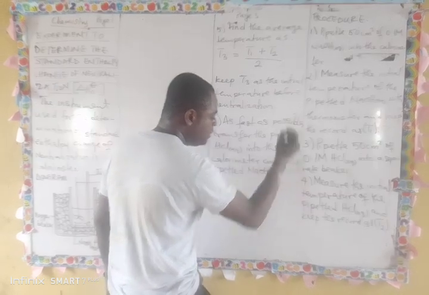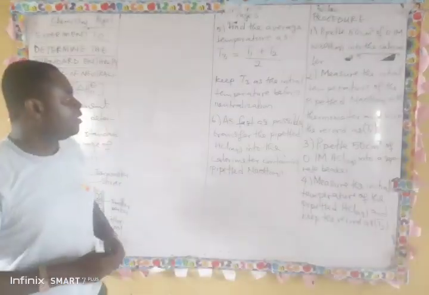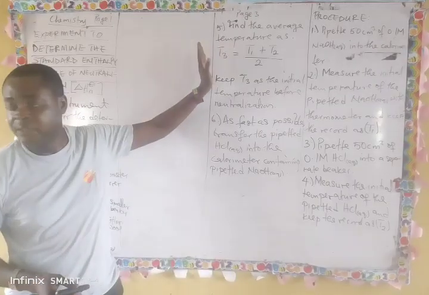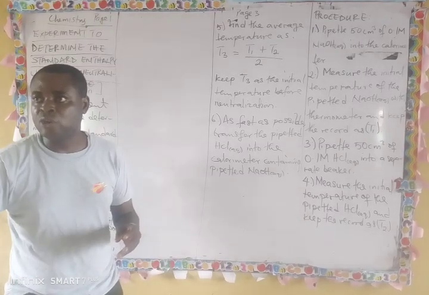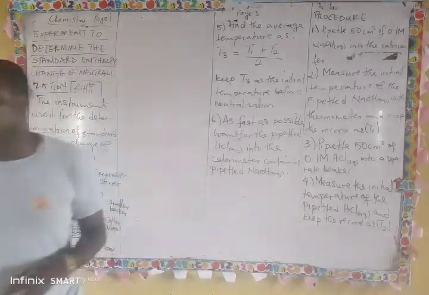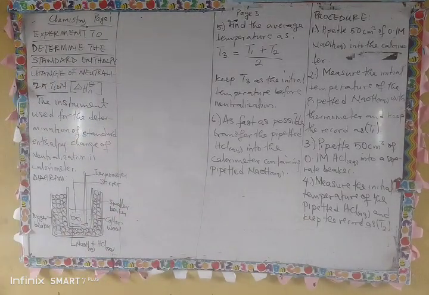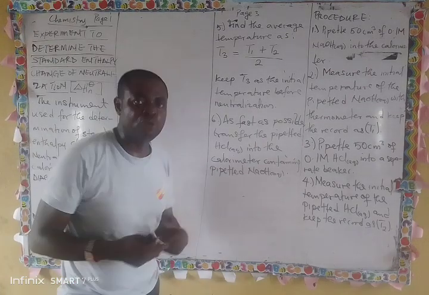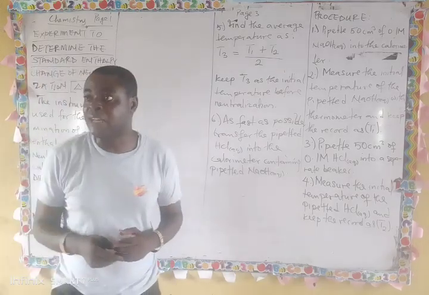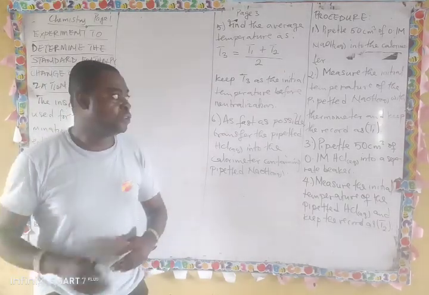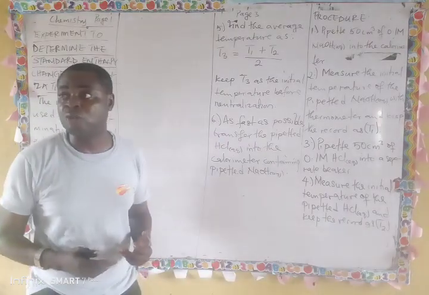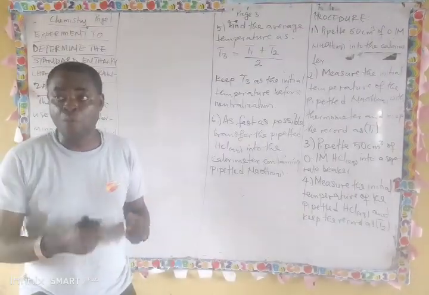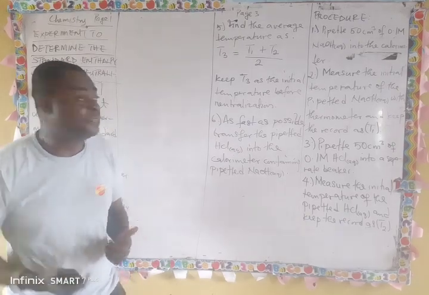Are we following me? You have gotten the initial temperature of the whole thing. The next thing is, very fast as possible, transfer that HCl into the calorimeter to mix with the NaOH. You will see a kind of vibration showing that the neutralization reaction is taking place, and the body of that thing will be warm because it's an exothermic reaction. We have said that in an exothermic reaction, the reaction vessel becomes warm.